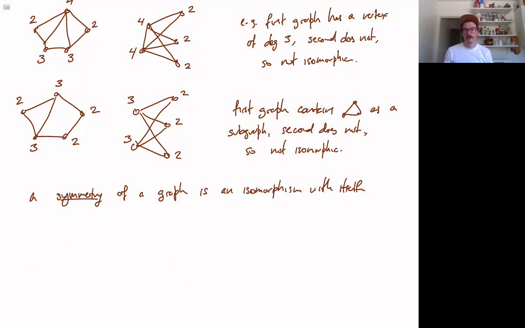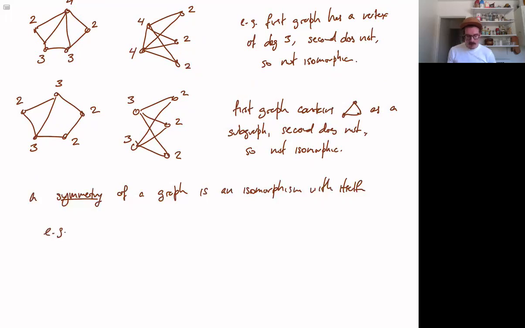Now we're not talking about whether an isomorphism exists. An isomorphism of a graph with itself certainly exists. But now we're talking about being able to quantify and work concretely with all of the different symmetries of a graph.